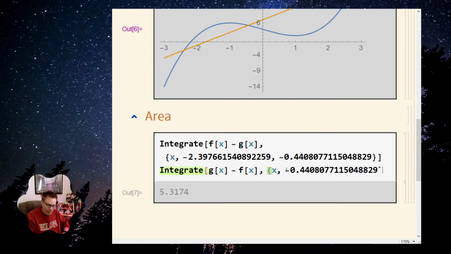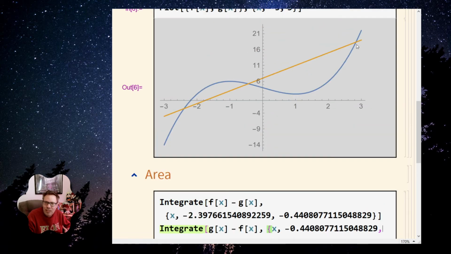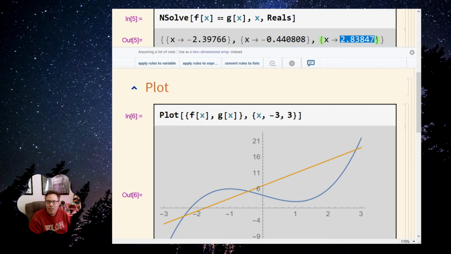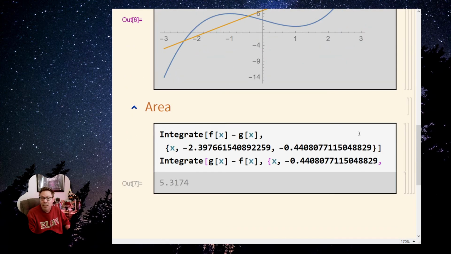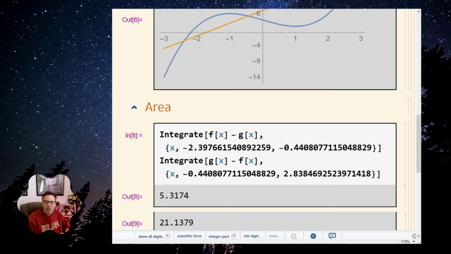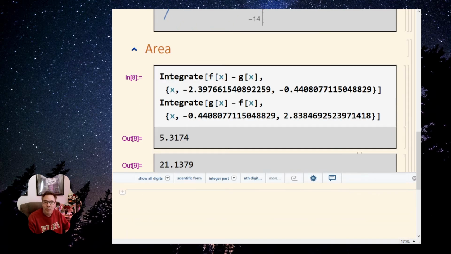From that bound, that's literally this intersection point right here. Look, it's about -0.44. That's about right. And I'm going to go all the way to this intersection point here, which is a little less than 3, 2.83. I'm going to copy that again, put it down in here, and again get rid of the little accent point. I'm going to close up my curly braces and then finally close up the integrate. So I wind up getting these two.